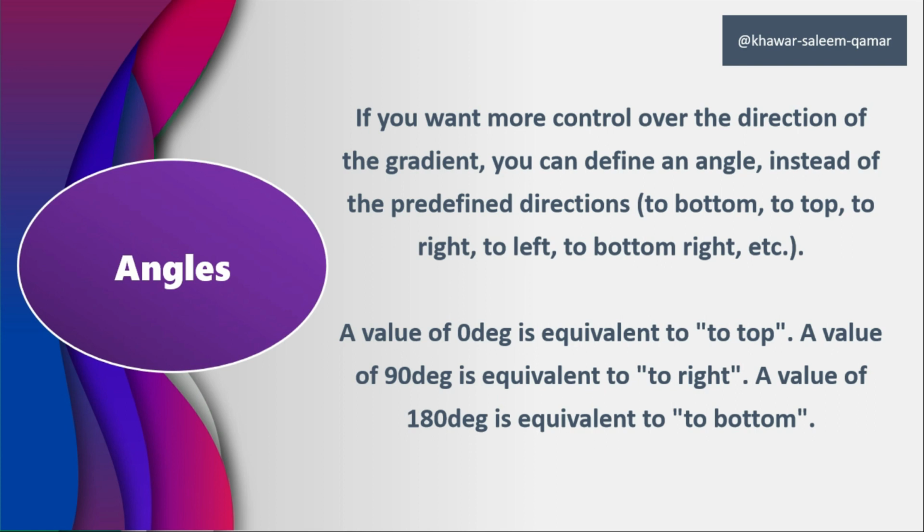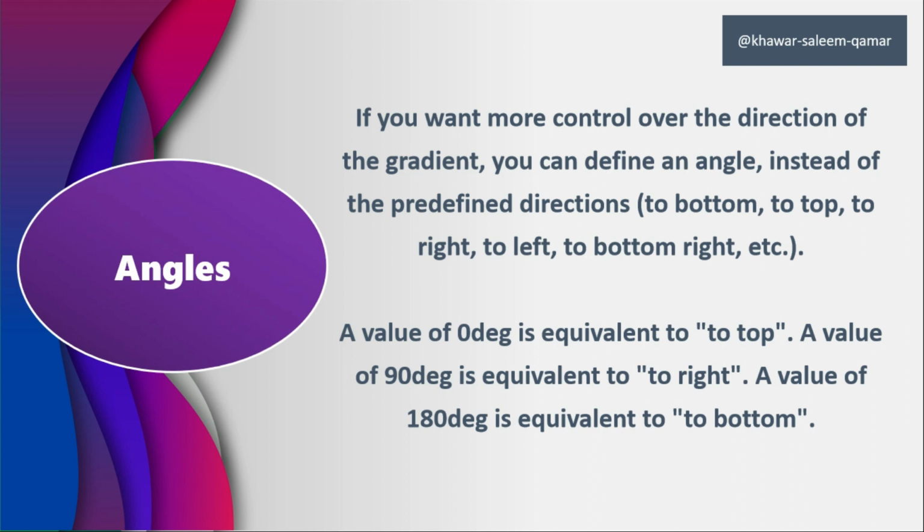Whereas if we want more control over the directions of our transitions, then we can use these angles. So for using angles rather than the direction property, we write it at the place of that direction value, but we use that DEG, which means degree, word with the degree.